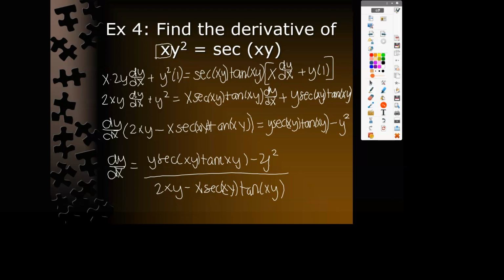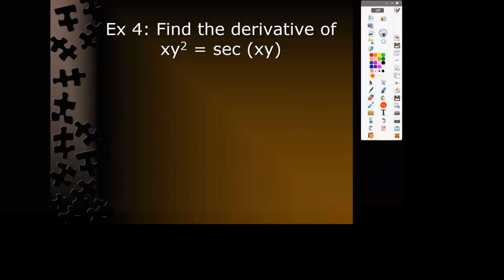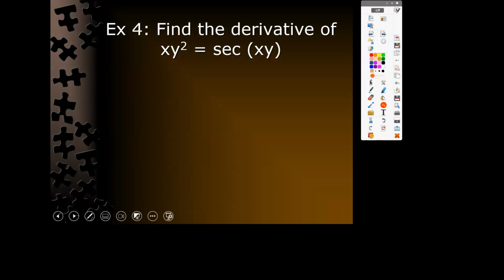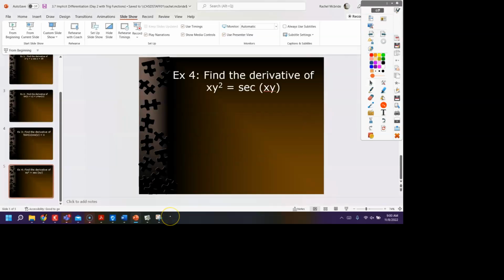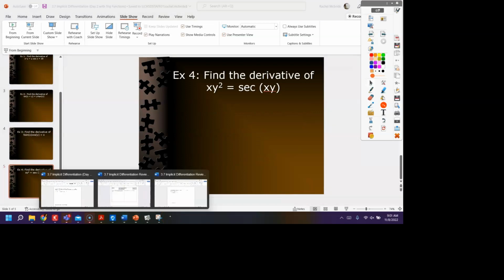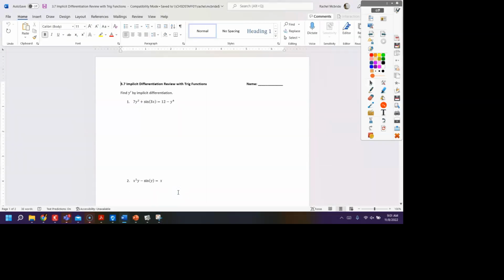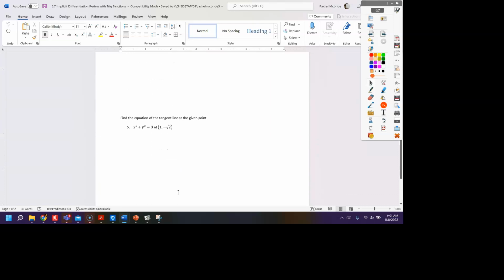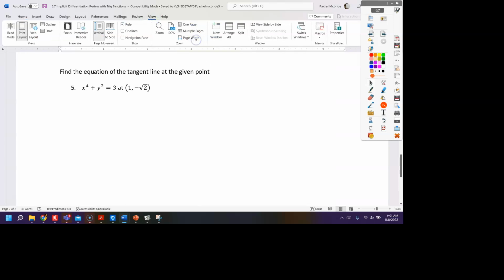So I want to find the equation of the tangent line. So we have find the equation of the tangent line at the given point, x to the fourth plus y squared equals 3.